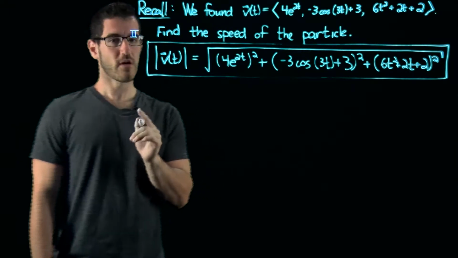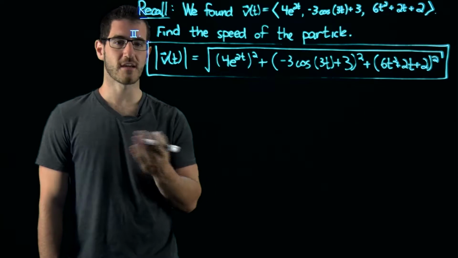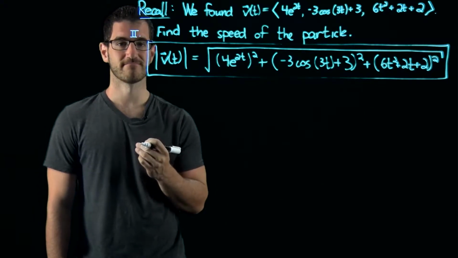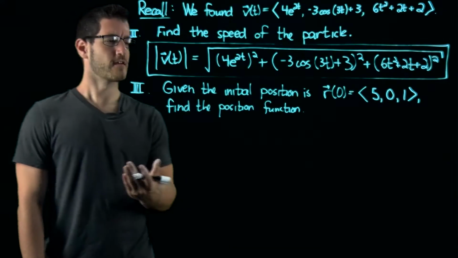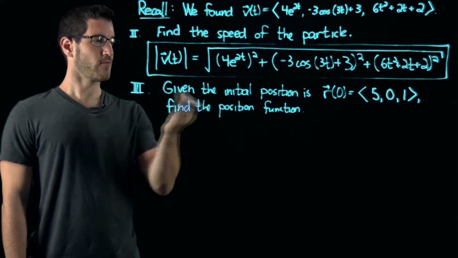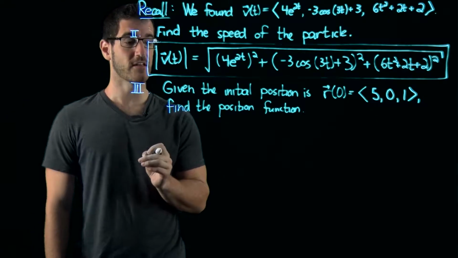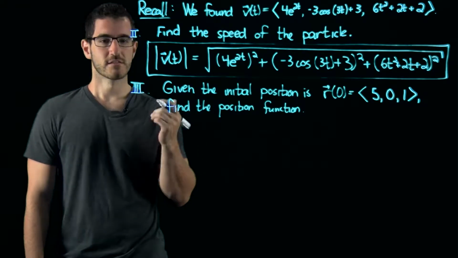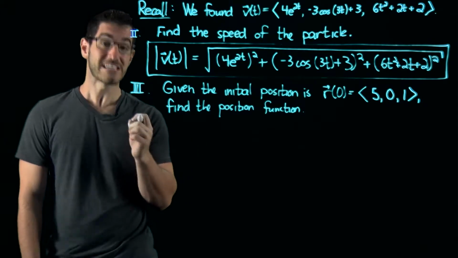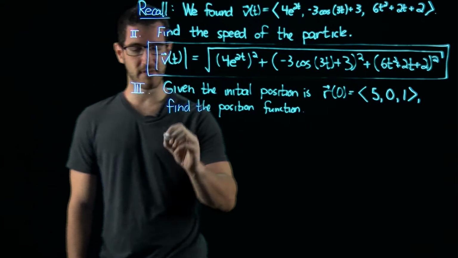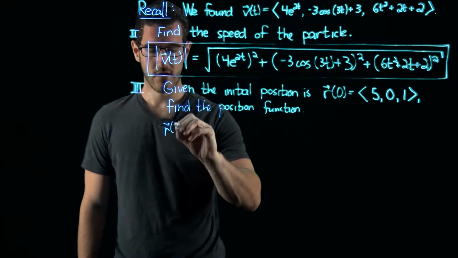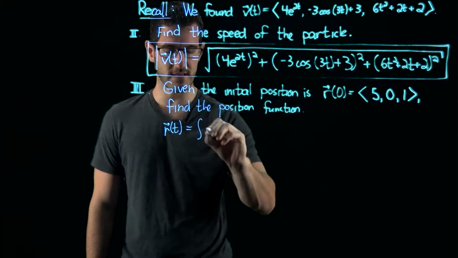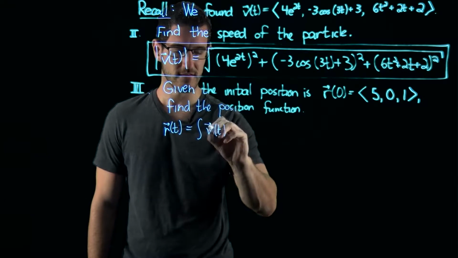What's a little bit more interesting will be the next part where we find the position. Okay, so now we're given an initial position, and we have to find the position function. So how are velocity and position related? Well, to find the position, r of t, all we have to do is integrate the velocity.